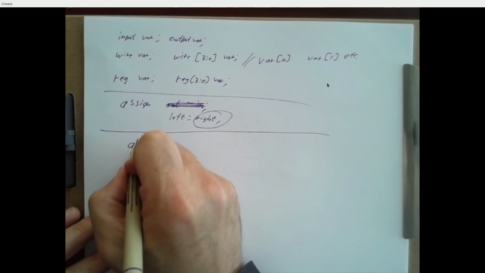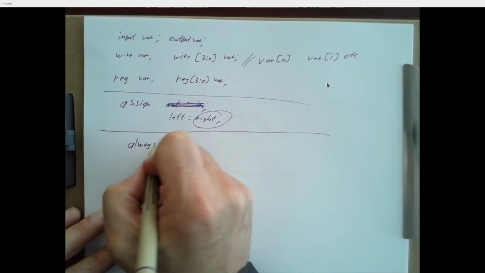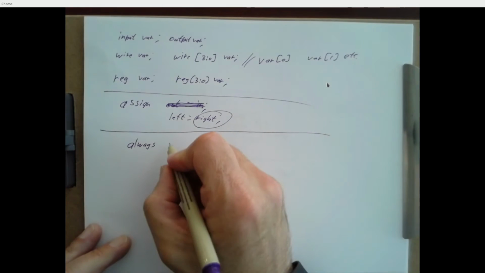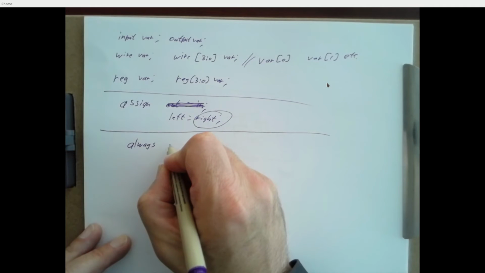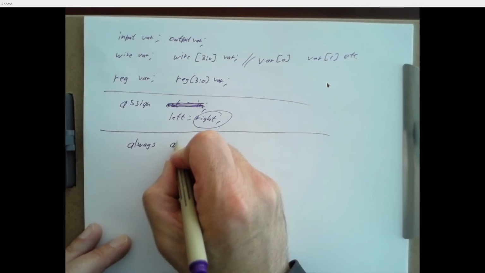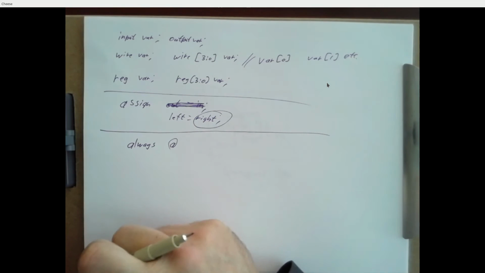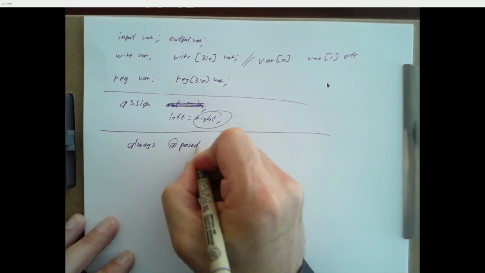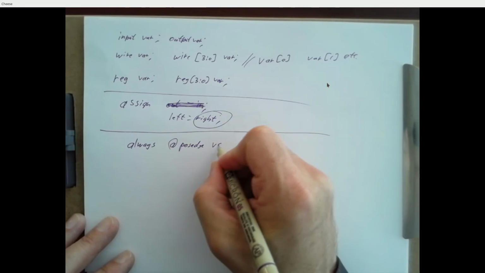So this is the keyword always. So what does always mean? It means always, right? At all points in time. So always, we can use an at symbol to say at, something like posedge, some variable.